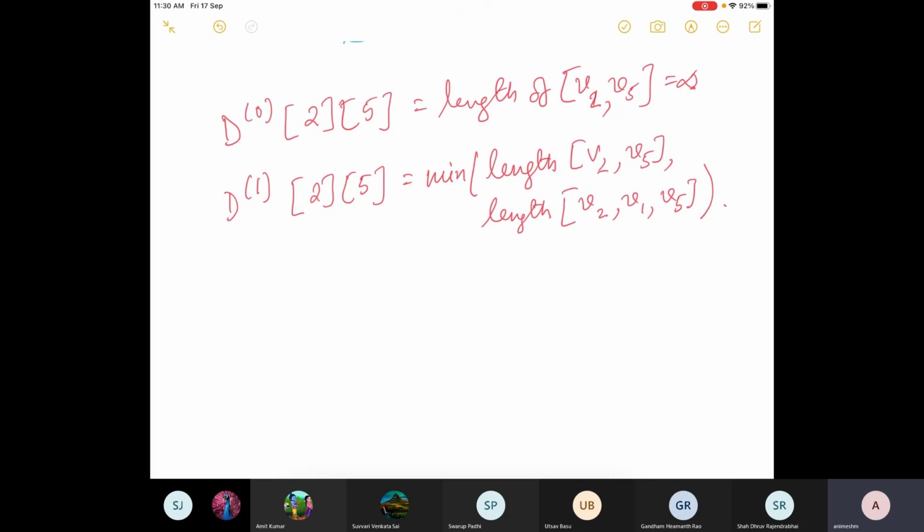As you have been told, only intermediate vertex V1 is allowed in this construction. So this is minimum of infinity and how much is V2, V1, V5? Can you please quickly calculate and tell me? Sir, 14, sir. So this is 14.